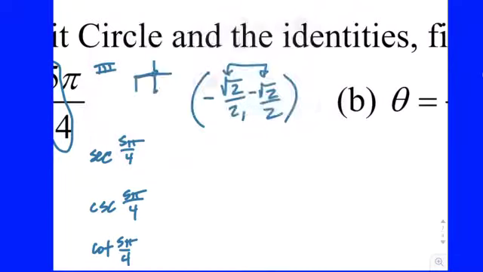So if you're ever doing a tangent or a cotangent, you don't even need to worry about the denominators at all. Just forget about them, okay? And so now it's just going to be the y value with the sign, so it's the numerator, over the x value with the sign. You got to take the sign. So what is the negative square root of 2, bless you, divided by the negative square root of 2, bless you?